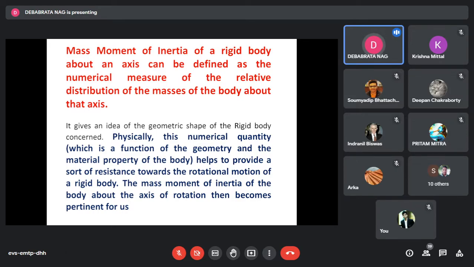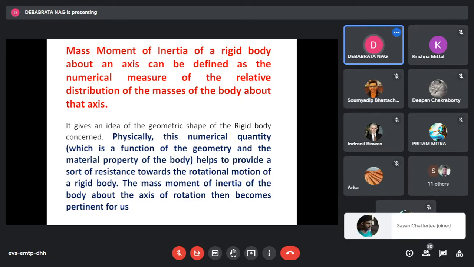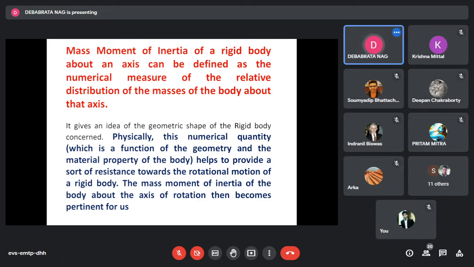So suppose you are being given a rigid body and an arbitrary line, and you are asked to find out the mass moment of inertia of that rigid body about that line. Essentially, it means that you are calculating the radial distribution of the masses, because all the masses comprising this rigid body are at different distances from this line.